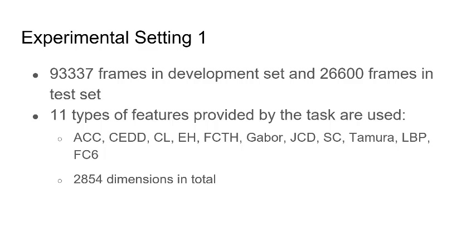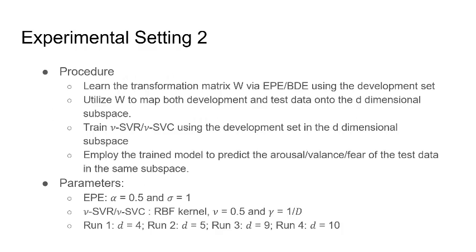In experiment, we have both development set and the test set, and we use 11 types of features provided by the task for learning. First of all, we learn the transformation matrix W by using the proposed method on the development set.